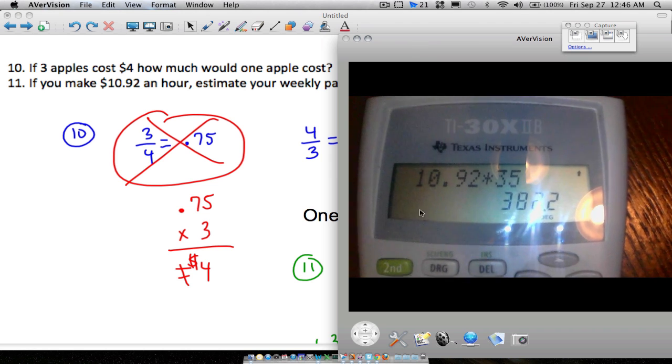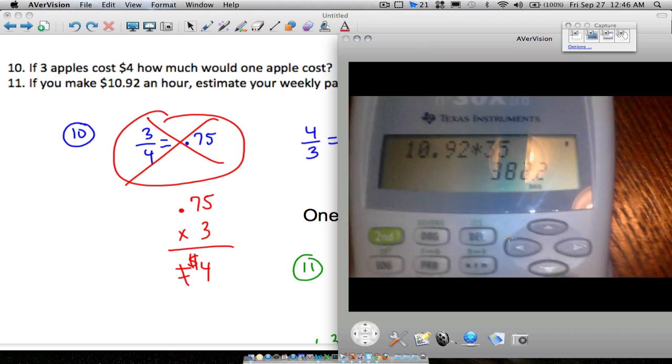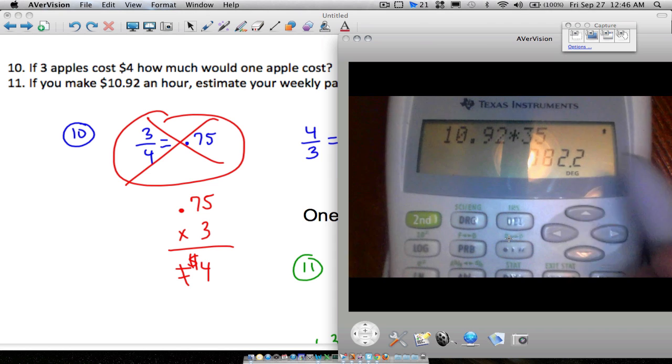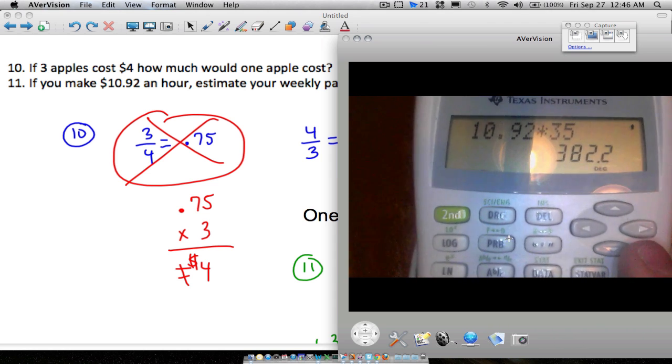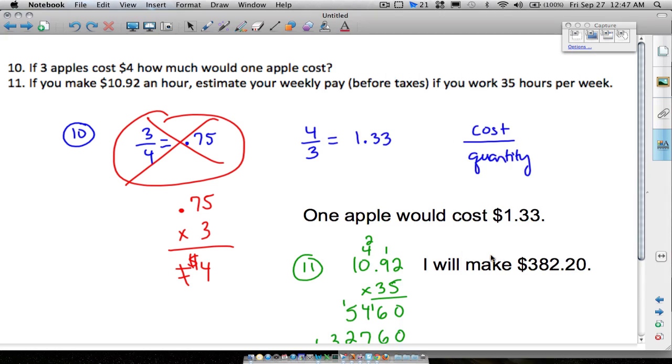So 382.20. Now it's missing the 0 there, but I've mentioned that in class too. You can put a 0 on the end of it, and it wouldn't change the actual value of that number. So again, we would make $382.20 that week. On to number 12.